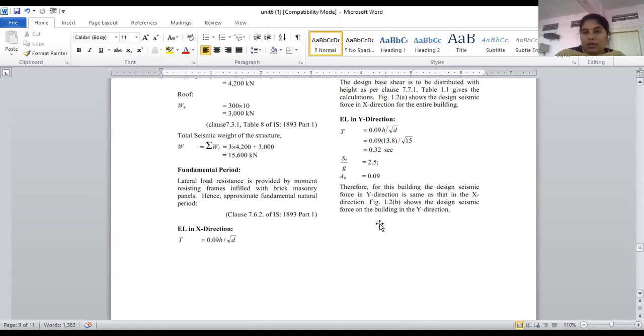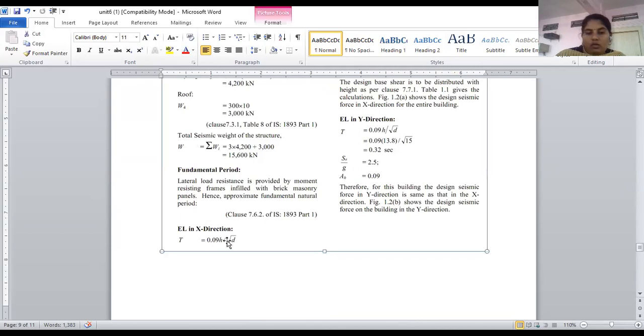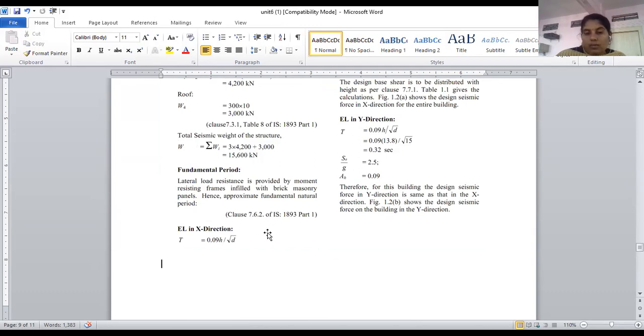The fundamental time period T is equal to, that formula we have to use, T is equal to 0.09 H divided by root D, where H is the total height of the building, D is the base dimension of the plan.